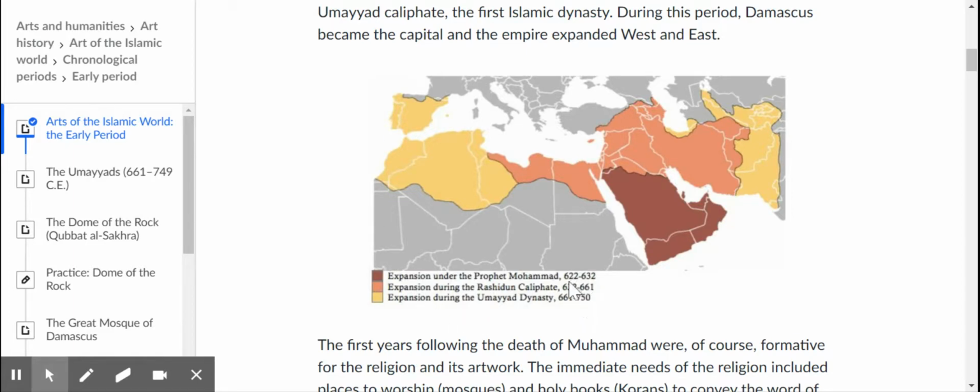As you can see here, this is going from the 600s through the mid 700s, expanding up to the yellow as its highest point at the end of this, at 750 AD.